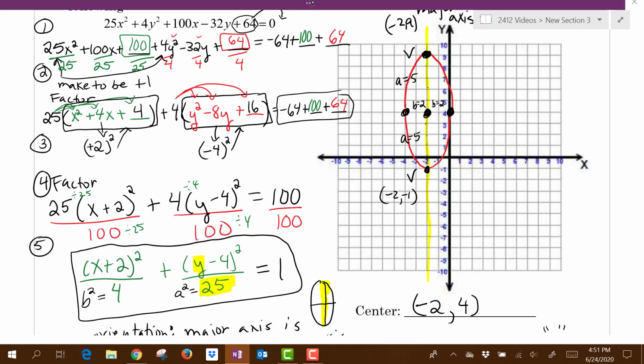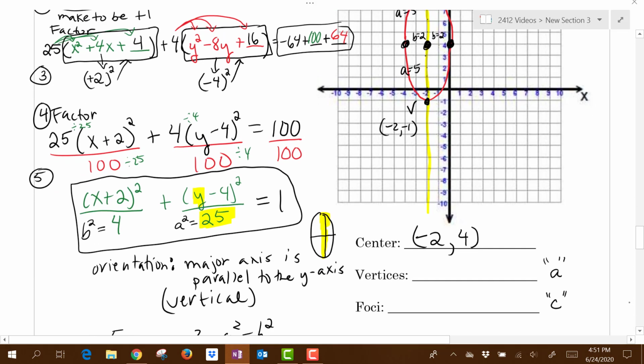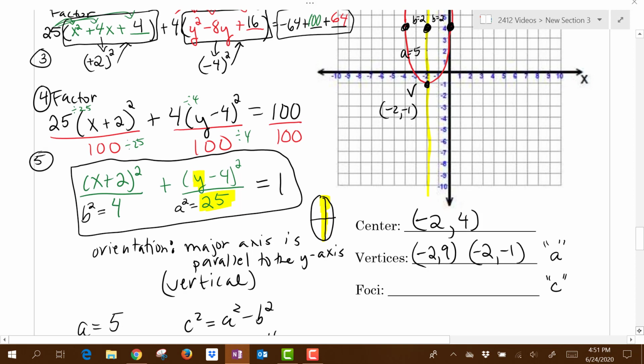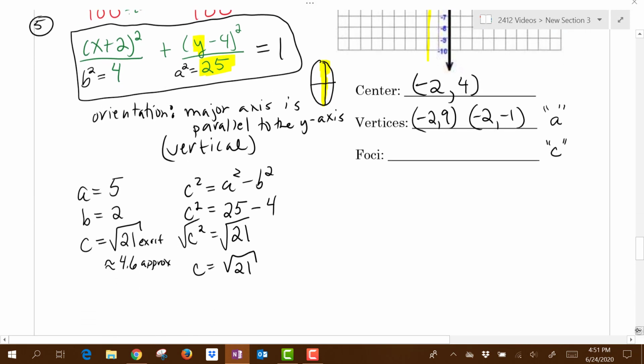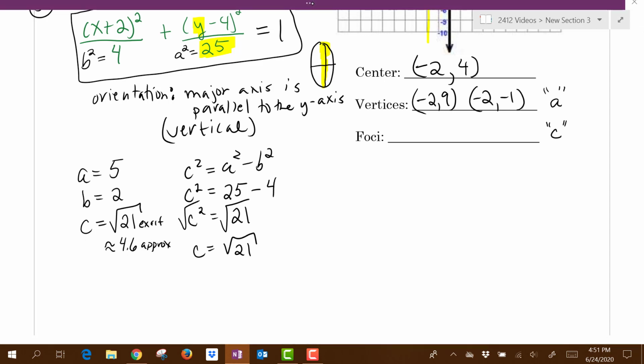The last little bit that we need is what are the foci. All right, the foci come from the use of that c value, and we know that's approximately 4.6.